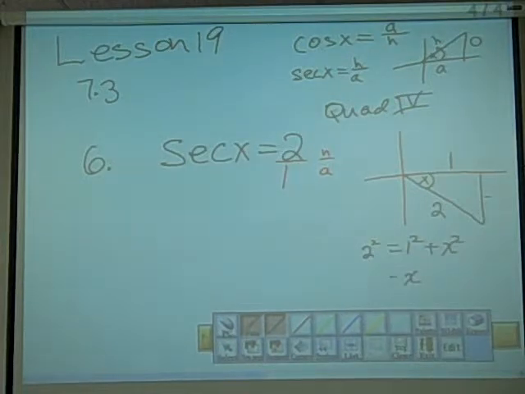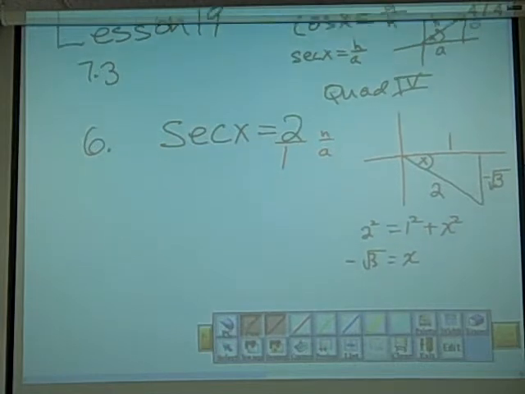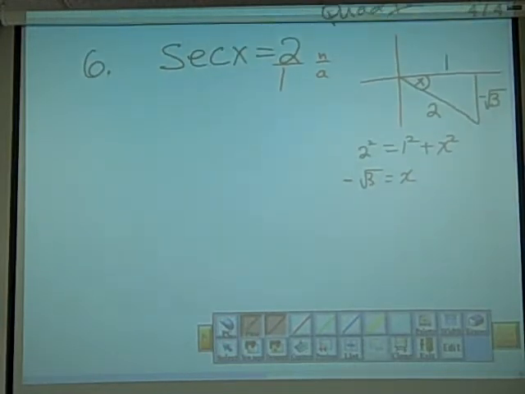And we solve for x, and we get negative square root 3. And again, it's negative because we're in quadrant 4 and the y value is negative. So we have to use that sign properly. Okay, so now we found sine 2x.